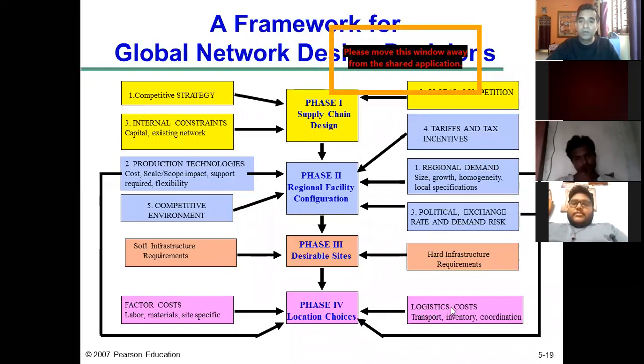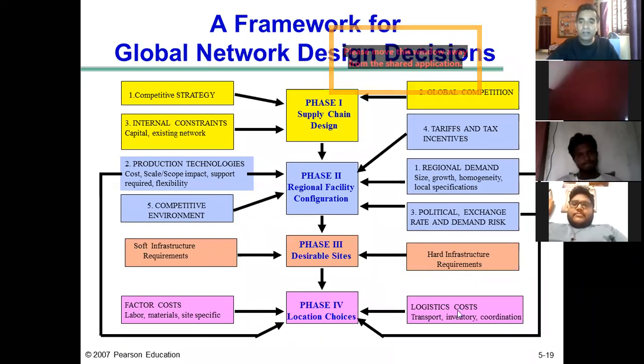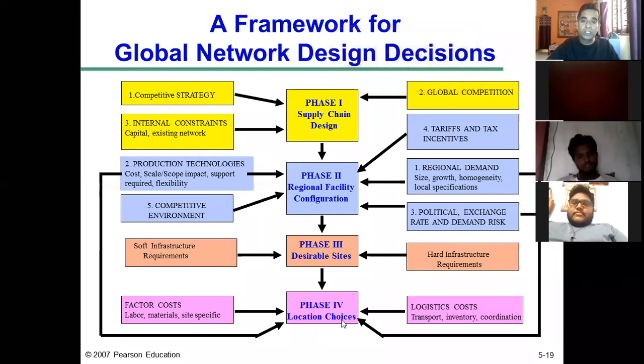And what will be the logistics cost and coordination cost at each desired site? This way, the company analyzes each of the factors during each of the phases. And finally, they decide upon the specific site and location for a facility, and they start the facility in that specific region and location.